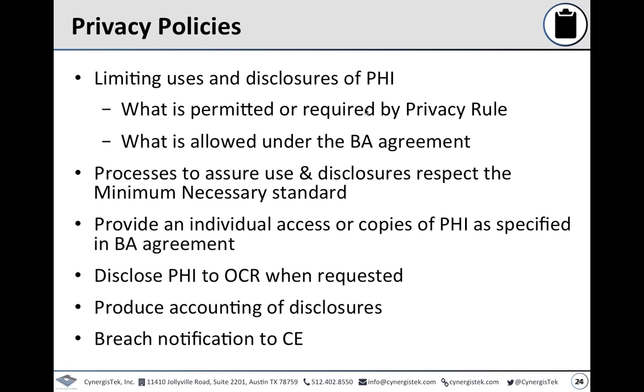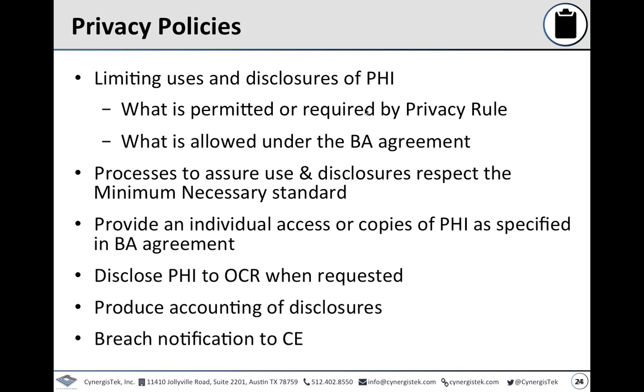Not all of the standards and implementation specifications of the privacy rule are going to apply to a business associate, but you must have in place at minimum those provisions regarding uses and disclosures, as well as any permitted uses and disclosures that you're taking on for the covered entity.